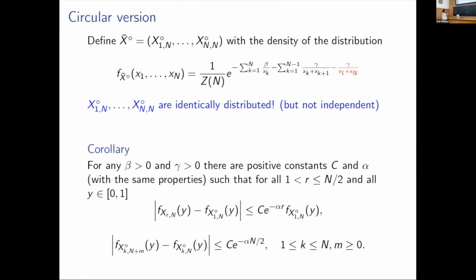Okay, this was for the non-circular version, and this is for the circular version. One can get a little bit different nuances for the circular, but the principle is the same, to get the exponential decay of correlations.